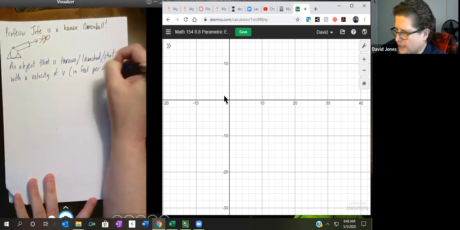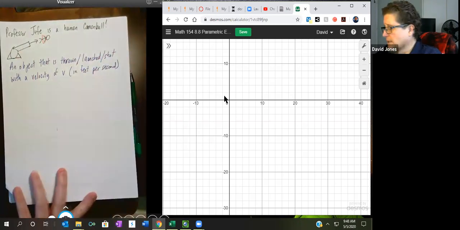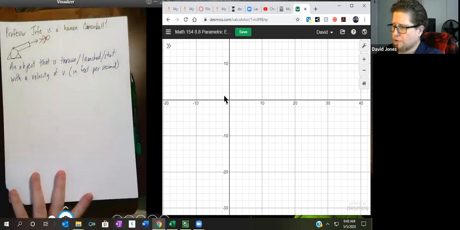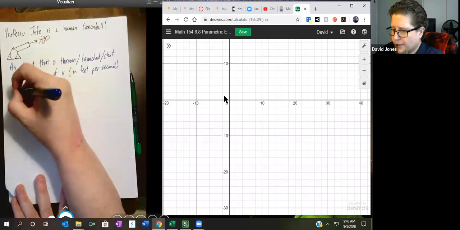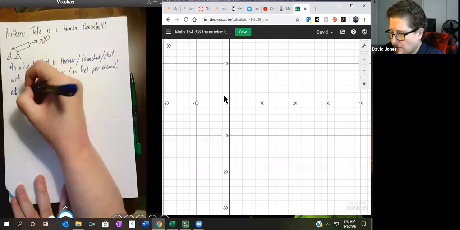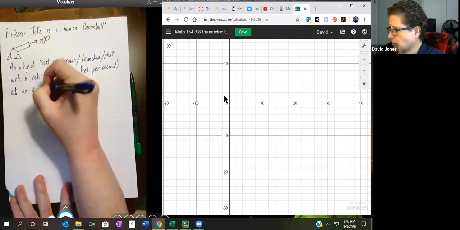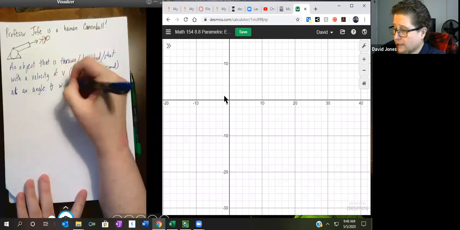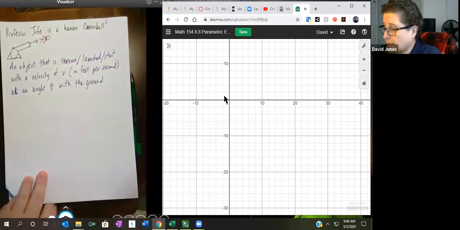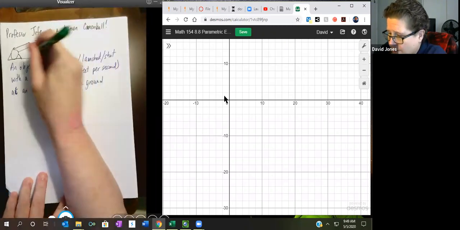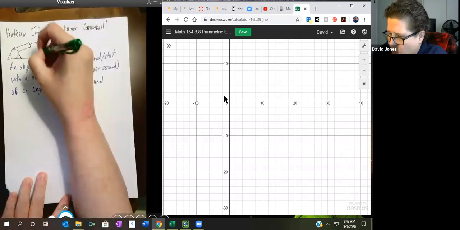If you're in the metric system, the equations are different. An object that's thrown, launched with a velocity of v at an angle theta with the ground. So like it's sitting on the grass, here's the grass, that's theta.